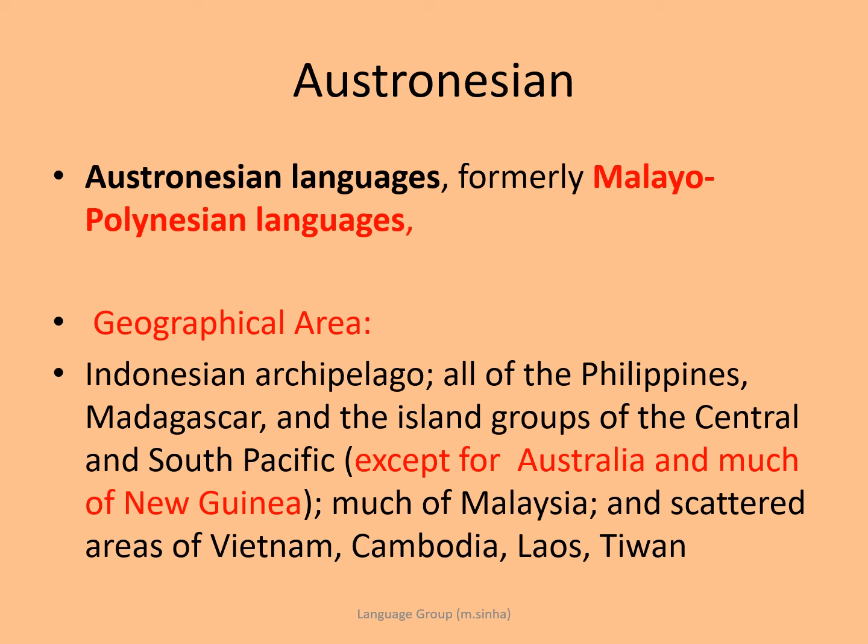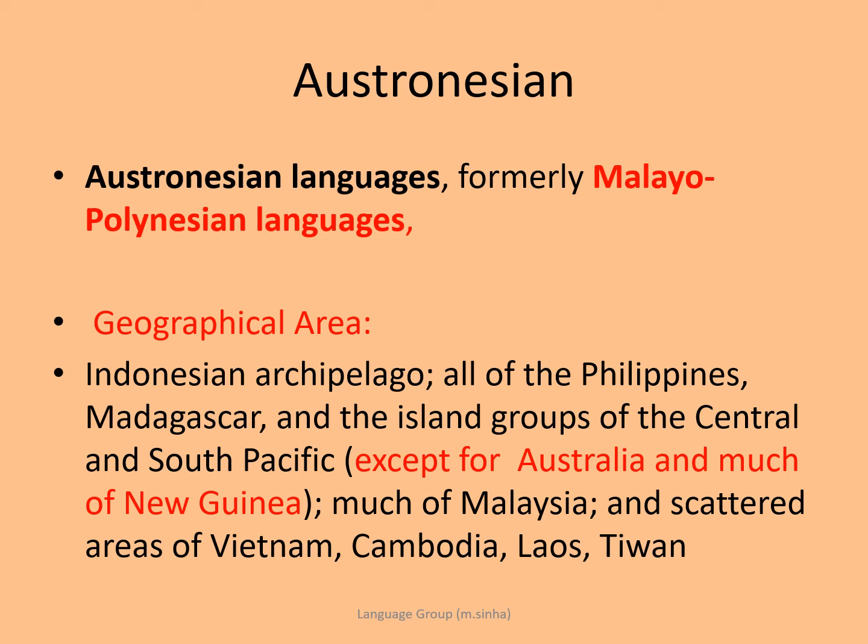Austronesian, Australian and Polynesian. Polynesian islands are the islands of the Pacific Ocean, the southern part of the Pacific Ocean. Except Australia and New Zealand, all the islands of the southern part of the Pacific Ocean are familiar with the Austronesian language group.